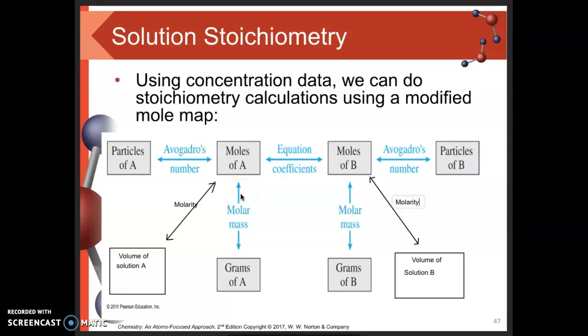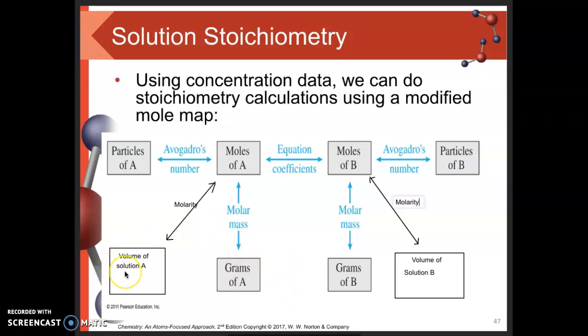Now, luckily for us, in titrations, we don't actually have to do this, because we can sneak around a little bit if we keep our volumes consistent. That is, we always use liters or we always use milliliters.